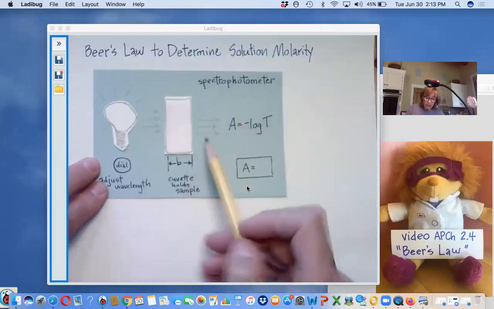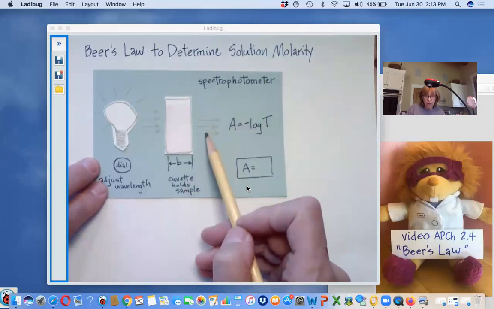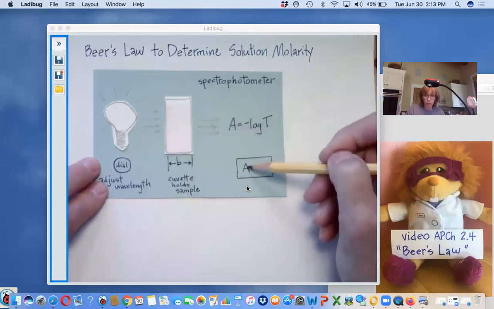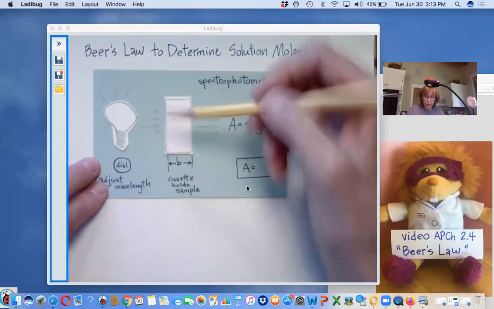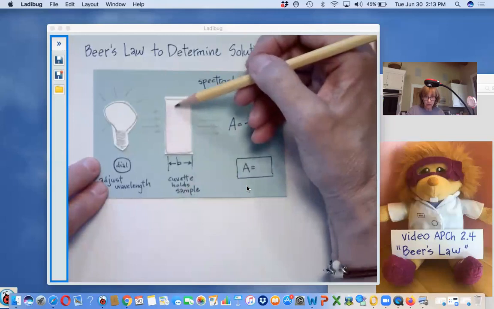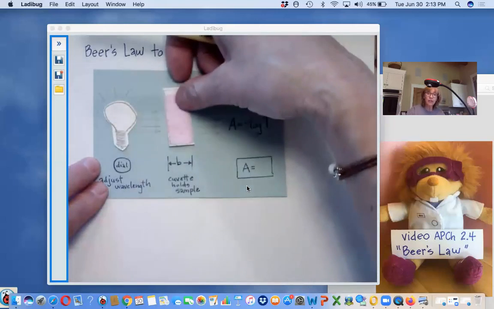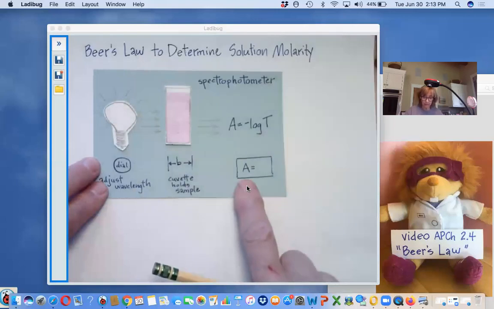So again, the machine's reading, oh, this time a lot transmitted through, so not very much was absorbed. And you would get a smaller absorbance reading for a lower concentration. High concentration would give you a high absorbance.